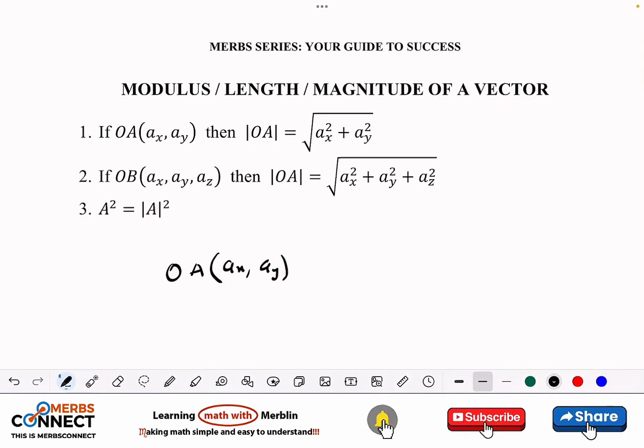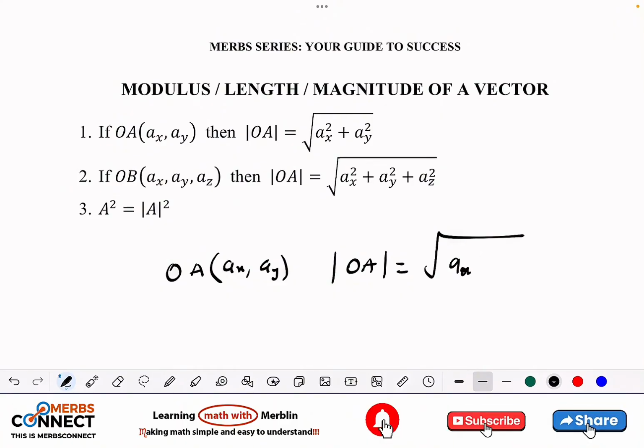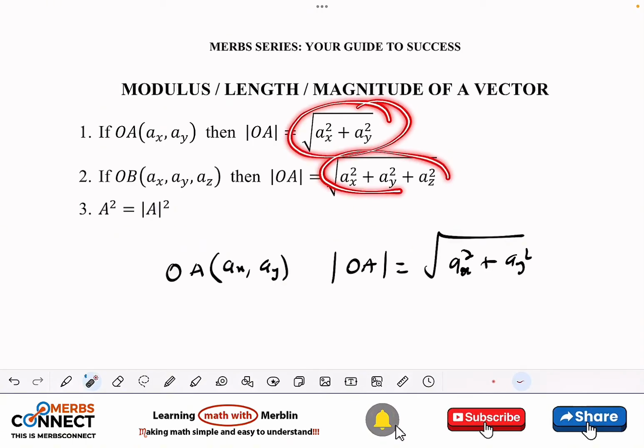Then the modulus, or the magnitude, of OA is equal to ax squared plus ay squared, as we have just written here. And the same thing applies if it is three coordinates, where we are in space.